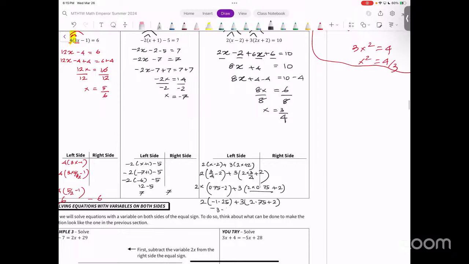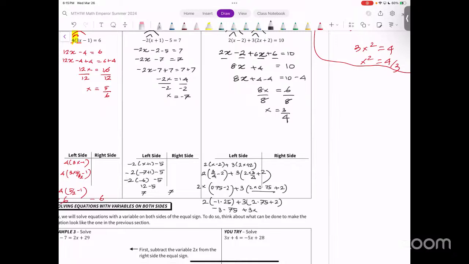Negative 3.75 plus 3 times 5.5. So if you simplify that, now 3 times 5.5 minus 3.75. I definitely made a mistake. So let me say 2.75 times 2, 5.5.